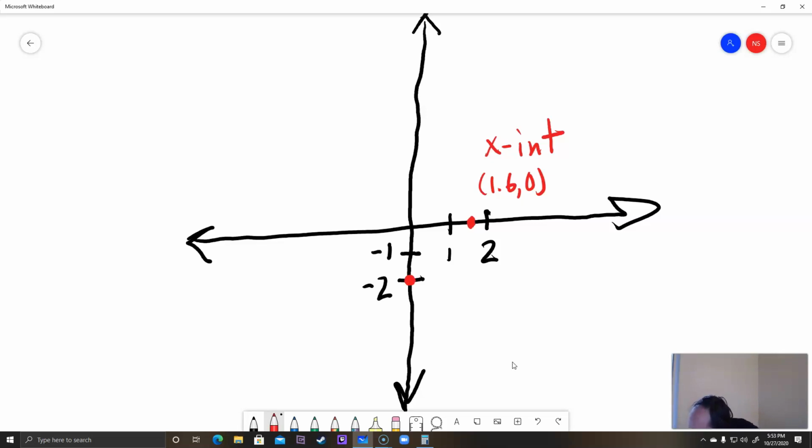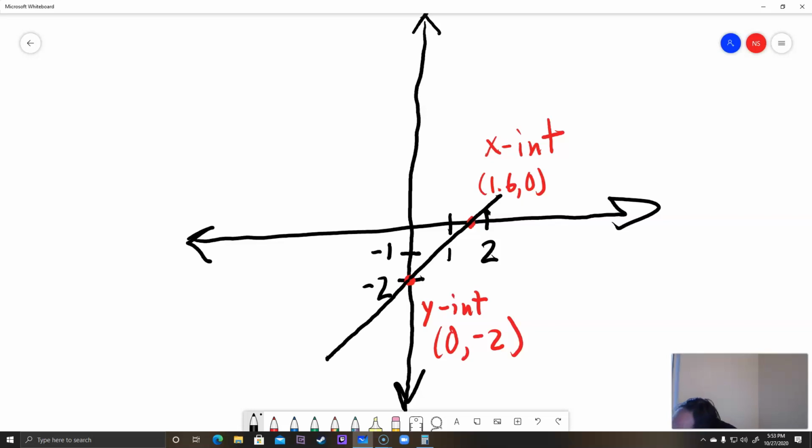Okay, so that's going to be our y-intercept, which is 0, negative 2. All right, and then for our graph, we just go ahead and sketch a straight line. So we draw a straight line through these 2 points. And remember, it's just a sketch, doesn't have to be perfect, because it's going to be multiple choice anyway.